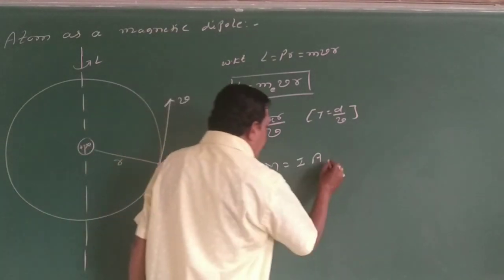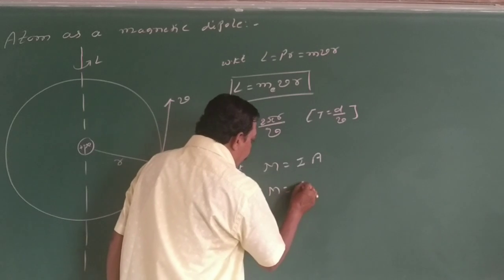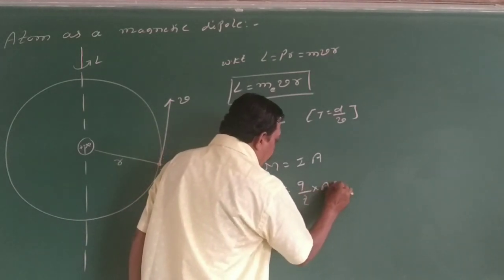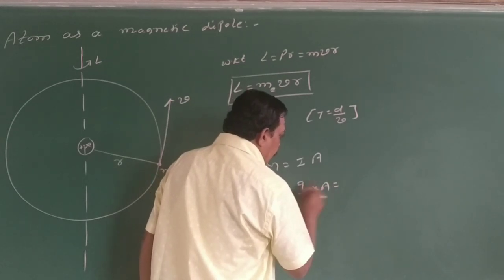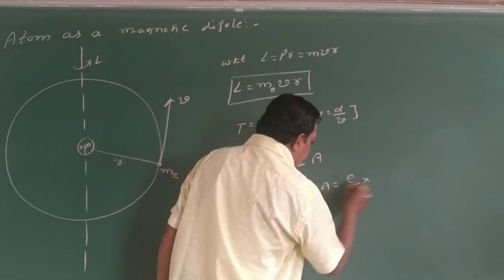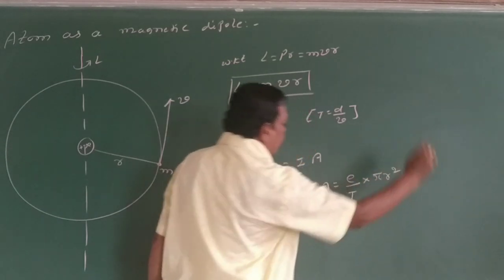Then I equals Q by T. Q is, for one electron, e, divided by time taken T, and area is pi r square.